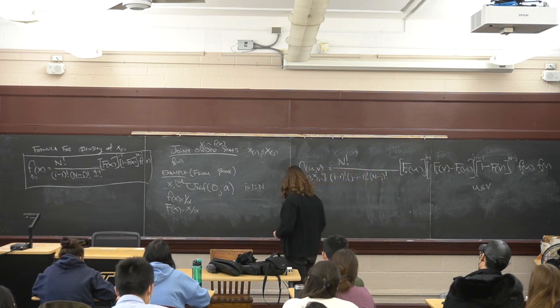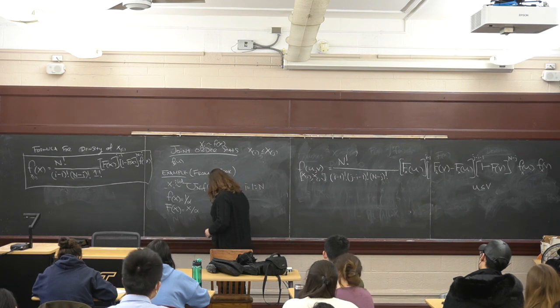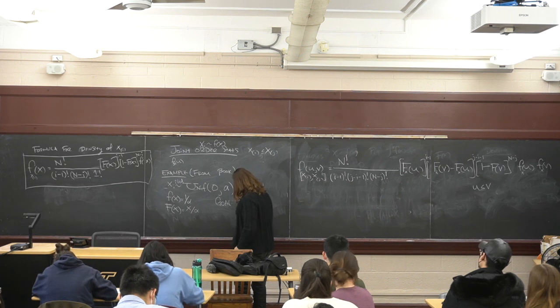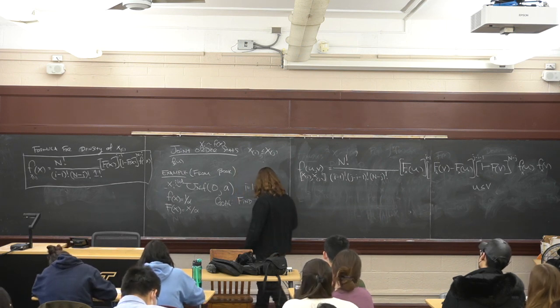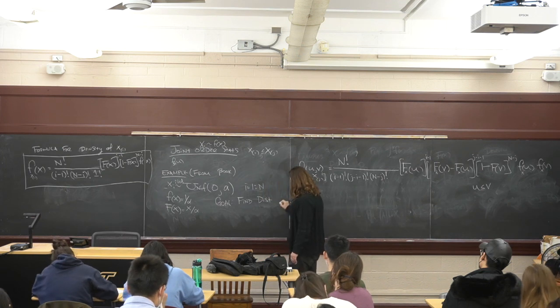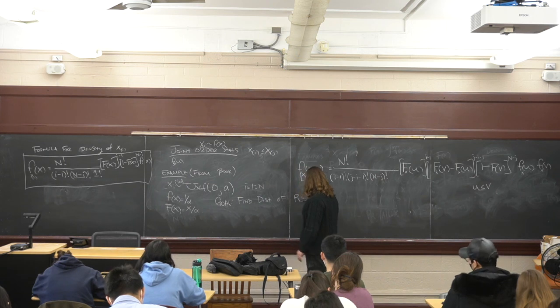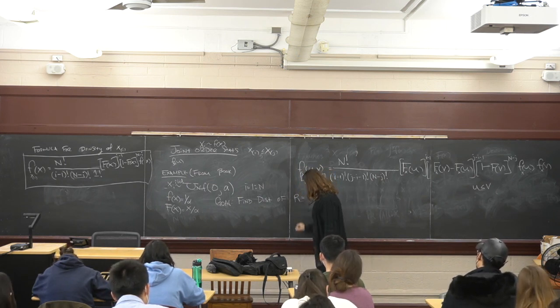Okay, let's see if we can apply this formula and try to figure out the joint distribution of the range, which is xn minus x1, and the mid-range.